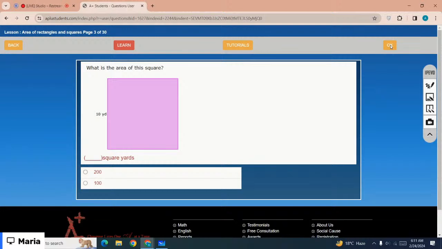Square has all four sides equal in length. So area of the square is side times side. So 10 times 10 is, yes, that is 100 square. The correct option is 100 square yards.